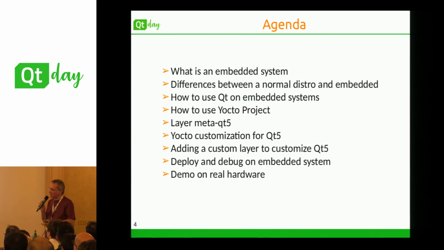At the end, we will analyze how to customize the environment, adding the several components you can use with the Qt layer, and deploying and debugging it on real hardware. And at last, a small demo running the generated Qt image with the famous Cinematic Experience demo on a Raspberry Pi.